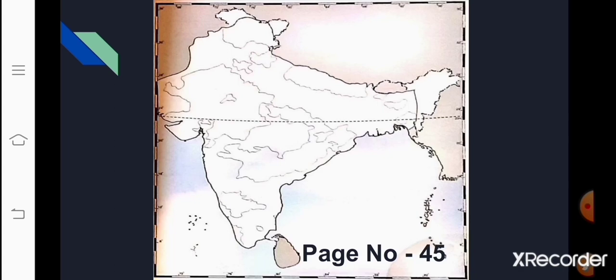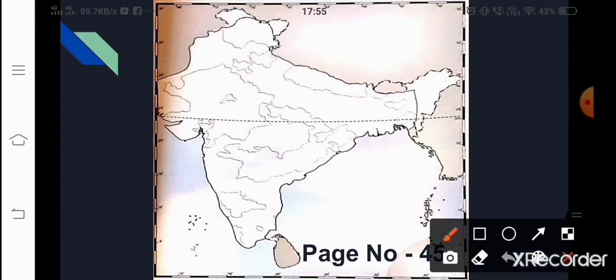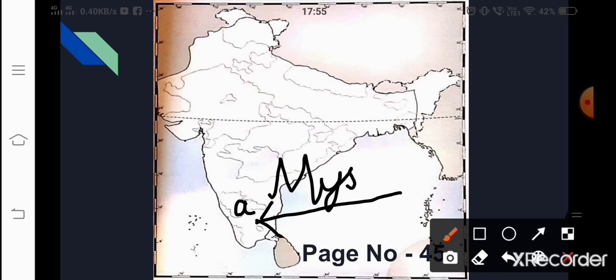Okay, now let's understand how to plot it. In A1 it was given as Mysore, right? Let's see how to locate those places in this map. First we have to locate Mysore, okay? We have to write A there, then draw a line with an arrow and on that write Mysore. And the next one that we are going to plot here is Delhi.